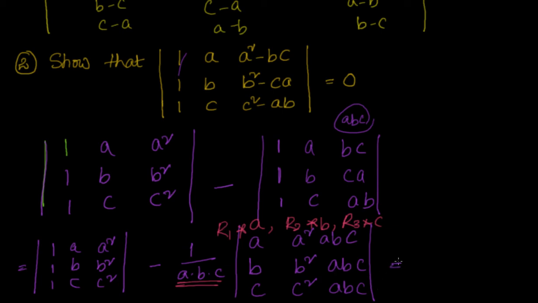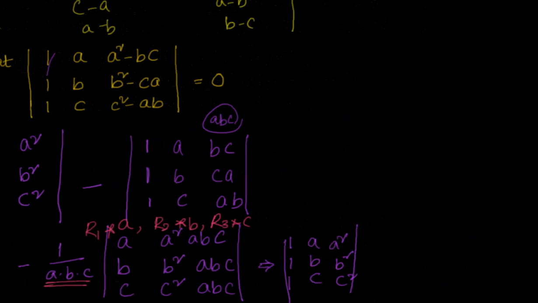Now what I can do again is I can say 1 1 1, A B C, A square B square C square, that's the first one, minus.